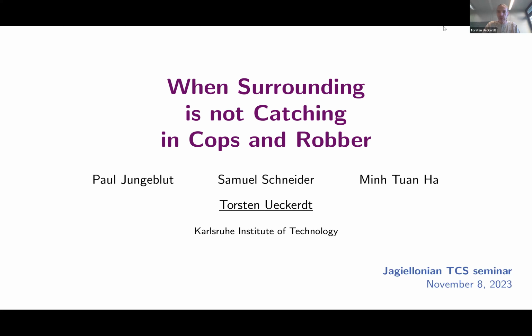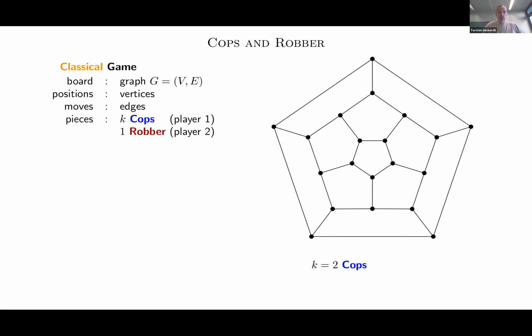All right, so what is it? Let me introduce you to the classical cops and robber game. The board of the game is a graph. This is our graph G = (V, E), for instance, one of my favorite graphs. It's a game where players move pieces, and the possible positions of the pieces are the vertices of the graph.